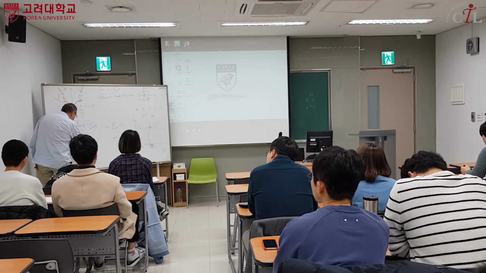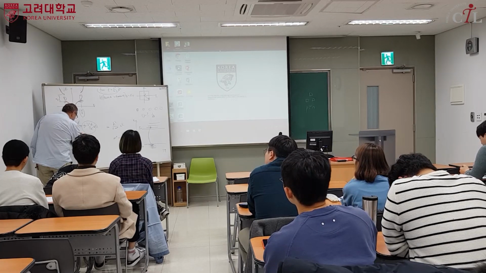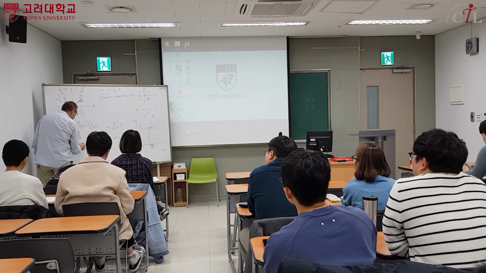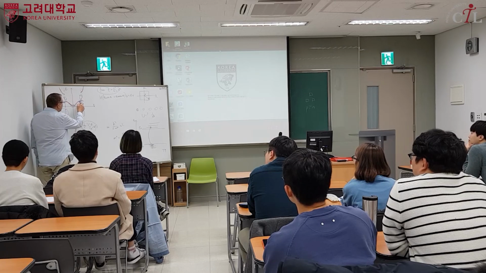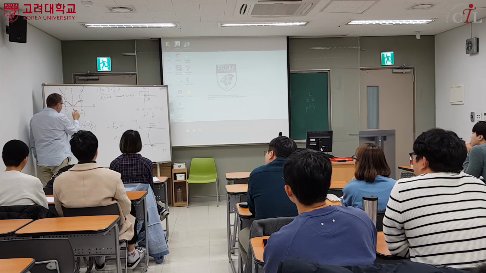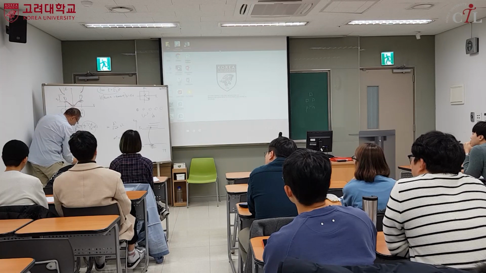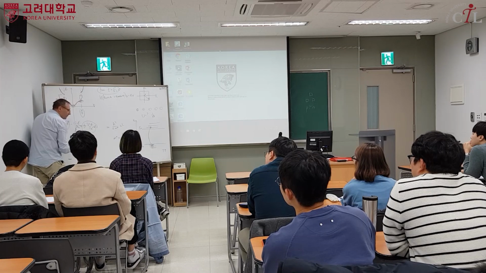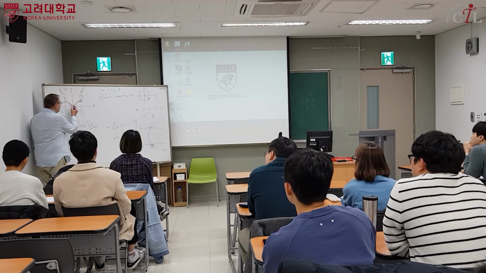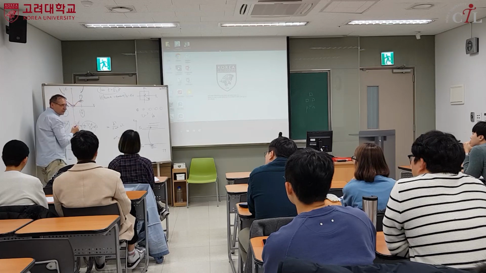When you do the second derivative of this function, then for these electrons, you got a positive value. And for these electrons, you got a negative value of the second derivative, because here the curvature is like this, and here the curvature is like that.